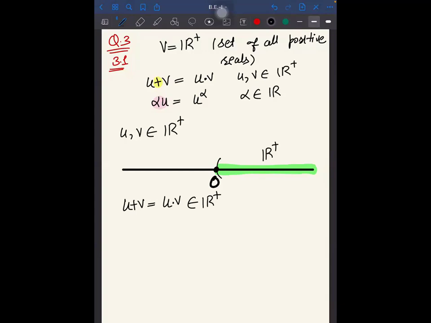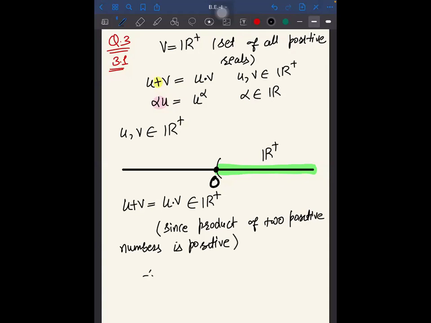The product of two positive numbers will always remain positive. Therefore, u plus v, which this time is u dot v, always belongs to R positive.